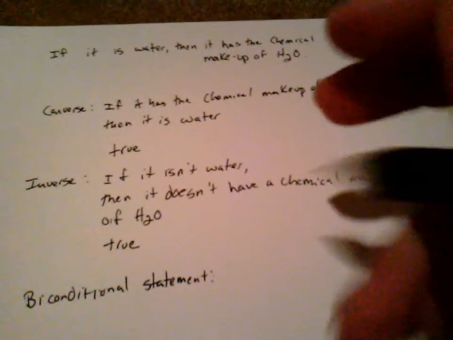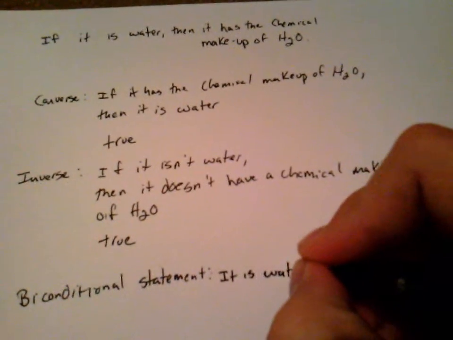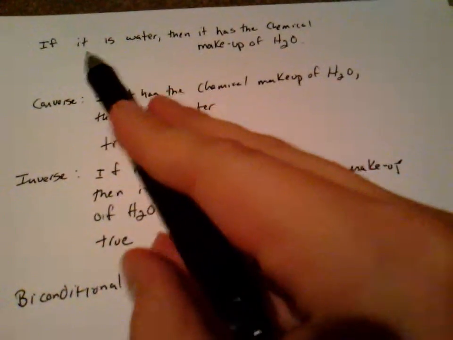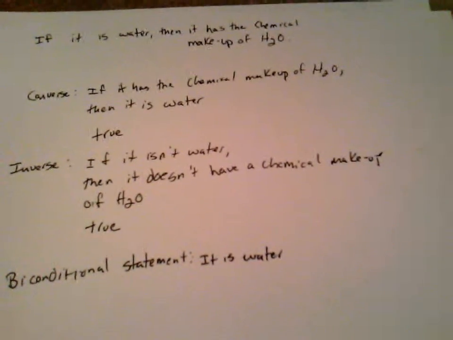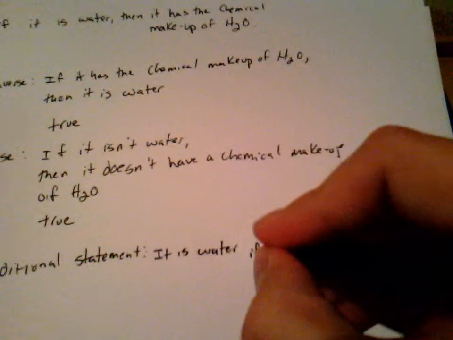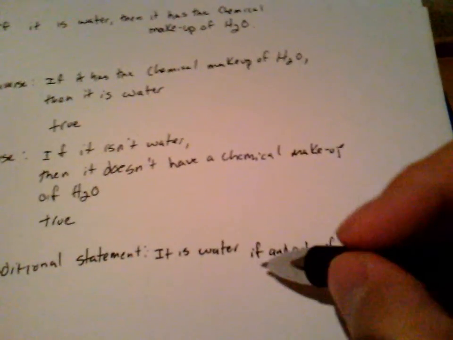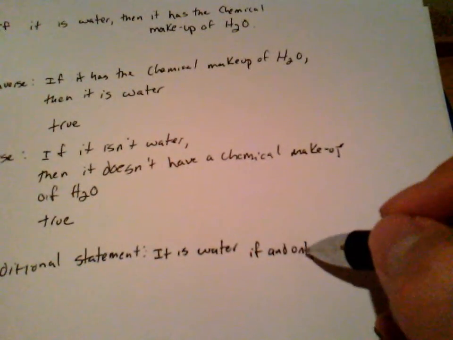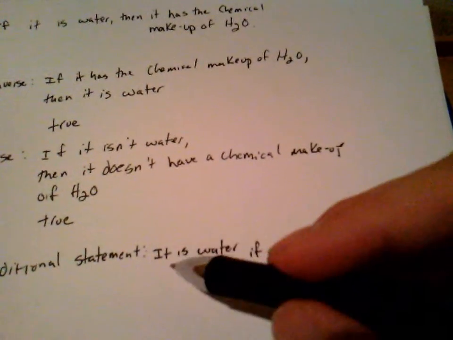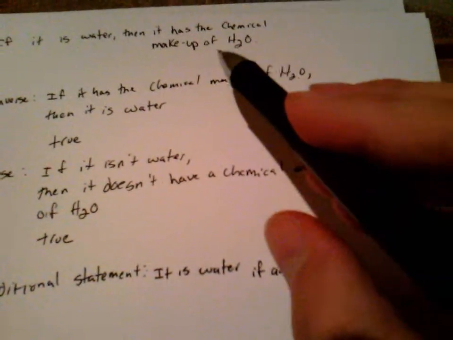Right? It is water. So we took out the if and we just put it is water. Right? Here comes the if. If and only if. This is what makes it biconditional, is if and only if, right? It is water if and only if, and then we're going to take the conclusion.